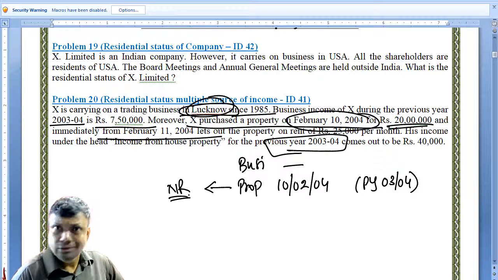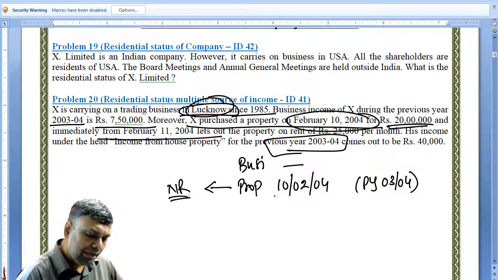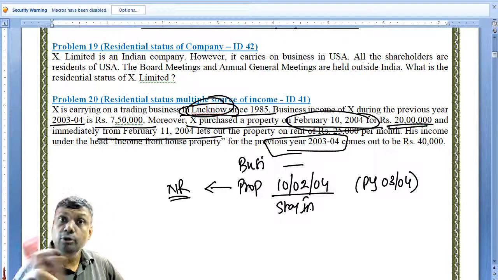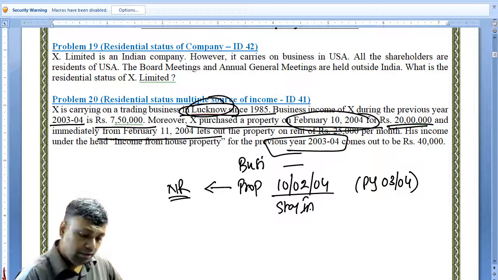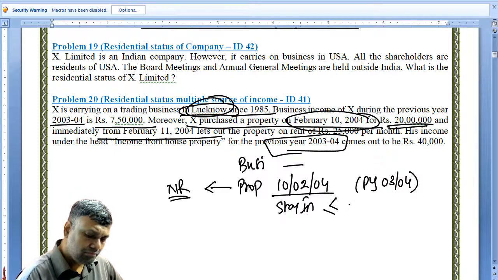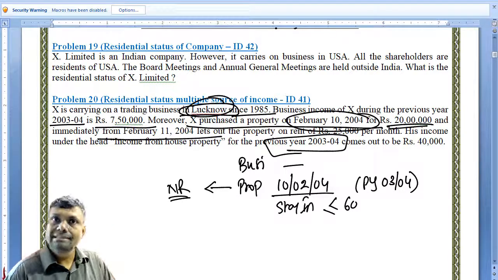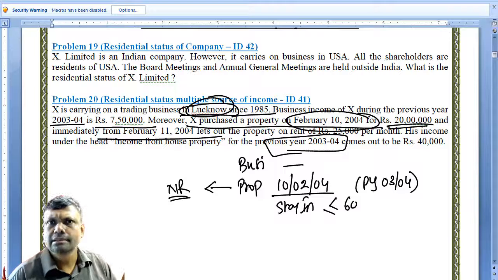Actually, we should not do that. But I am just telling you, because from 10 February onwards, the number of days stayed in India with respect to the property is less than or equal to 60. The law says you should not do all these things.